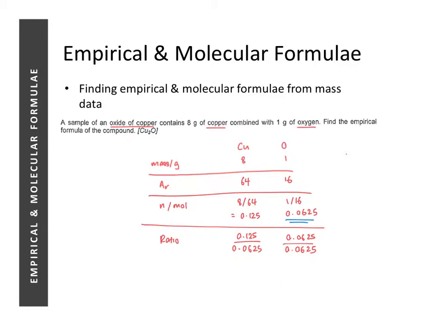That will give us a ratio of 2:1. From the ratio of 2:1, we can conclude that the empirical formula of the oxide of copper is actually Cu2O. That means there are 2 copper atoms combined with 1 oxygen atom. So this is the empirical formula.